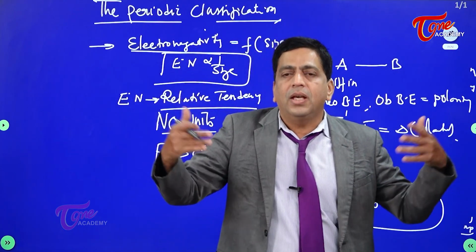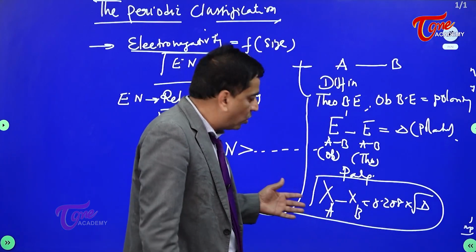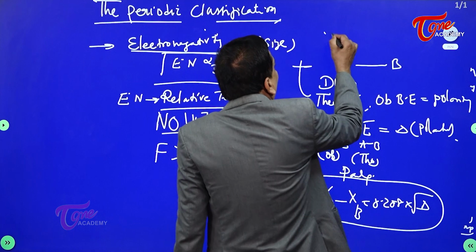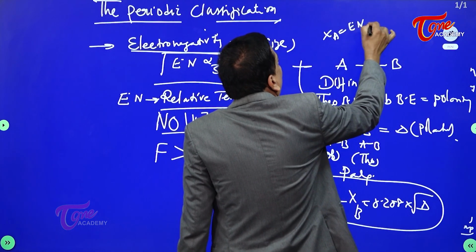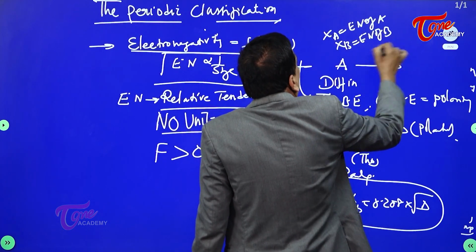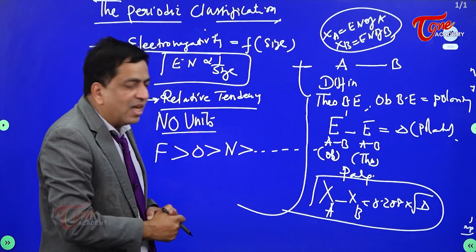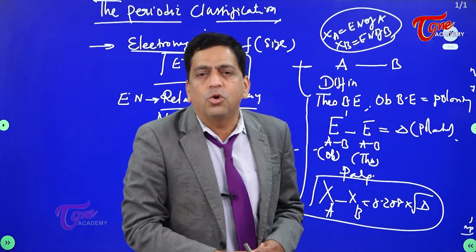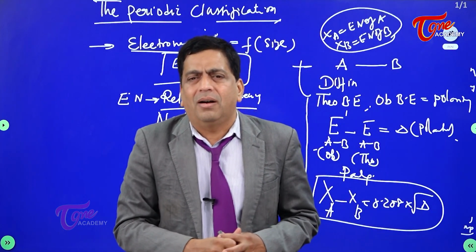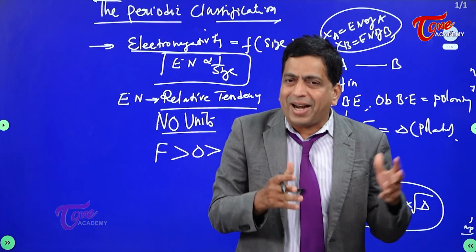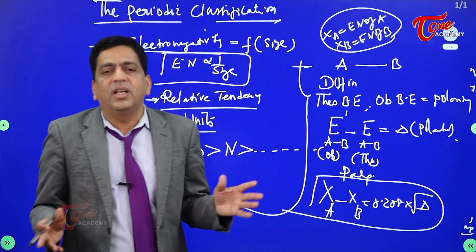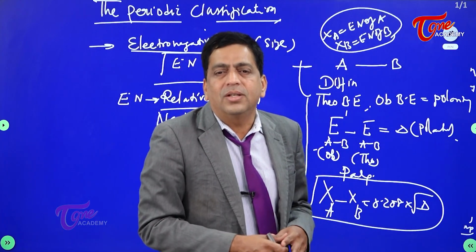In Pauling's equation, XA is the electronegativity of A and XB is the electronegativity of B, and the difference between them is 0.208 into root delta, where delta is the difference between the observed bond energy and the theoretical bond energy, because in the theoretical value you are discounting the polarity.